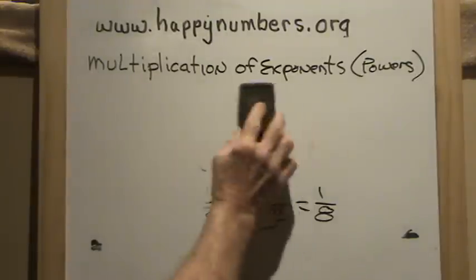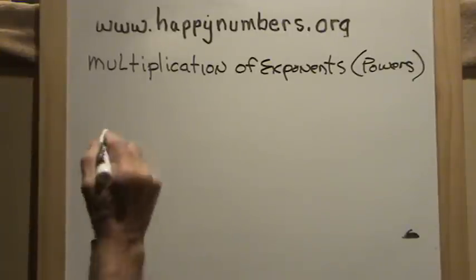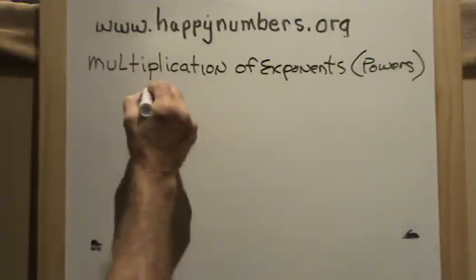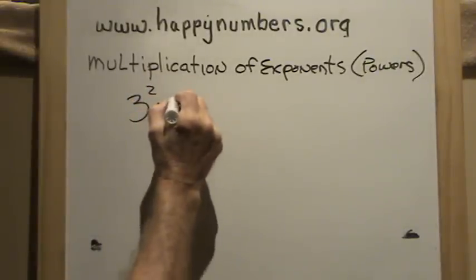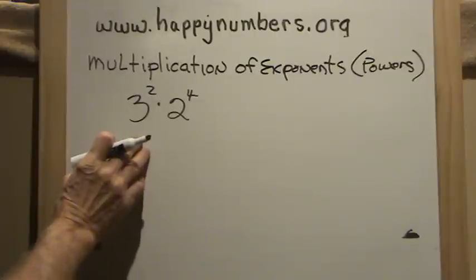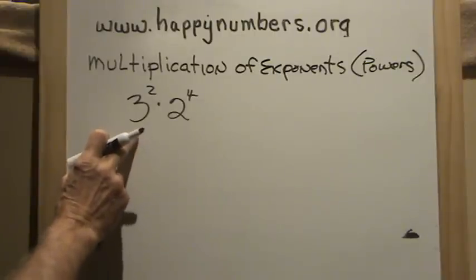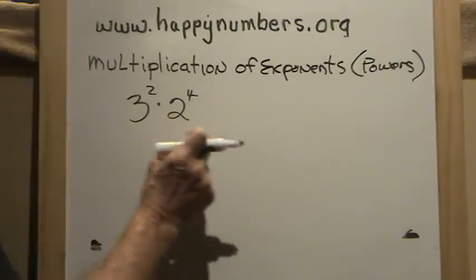But now we're going to look at a problem like this. 3 to the second power times, well, let's say 2 to the fourth power. Well, now what we do here is we just do the multiplication of each of the exponents, and then we combine them.